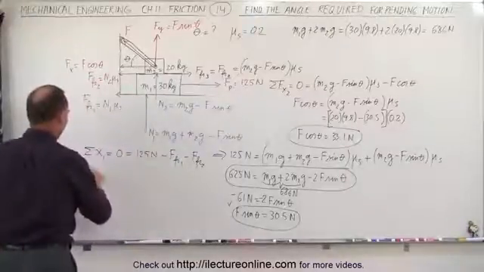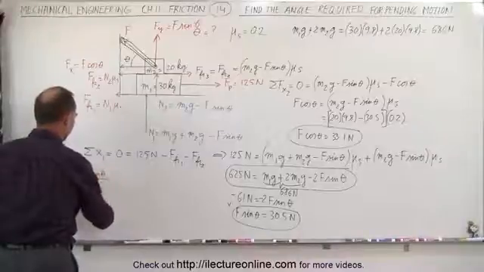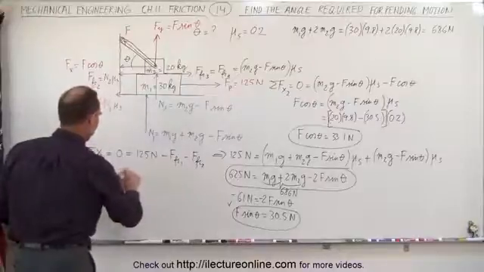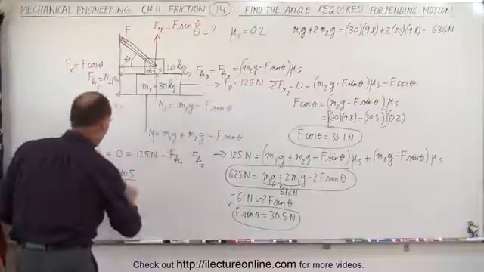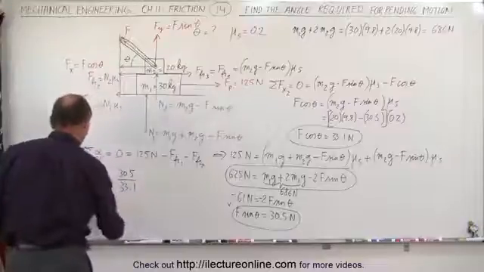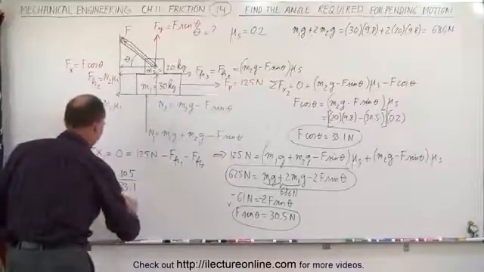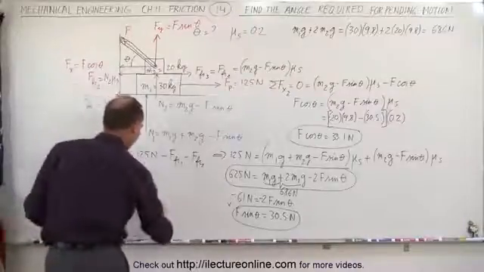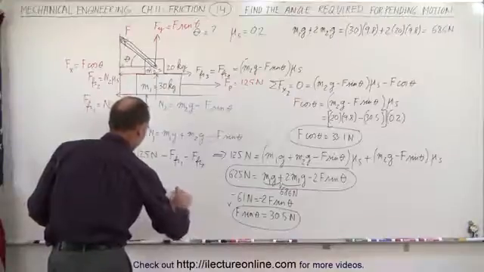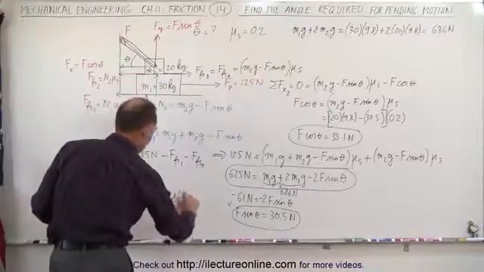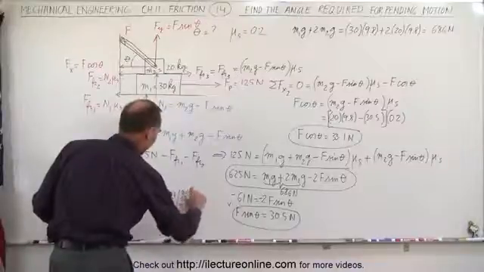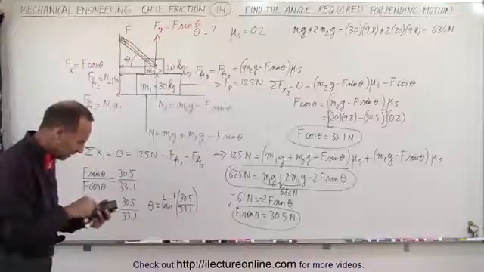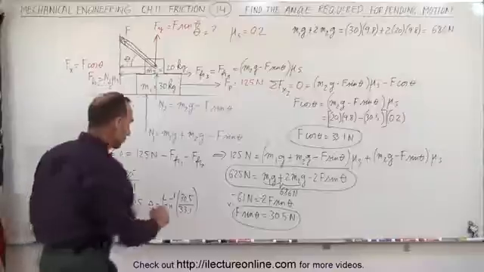So f sine theta divided by f cosine theta is equal to 30.5 divided by 33.1, which means that the tangent of theta is equal to 30.5 divided by 33.1, which means that theta equals the arctangent of that same ratio, 30.5 divided by 33.1. Take the arctangent, and that gives me 42.7 degrees.